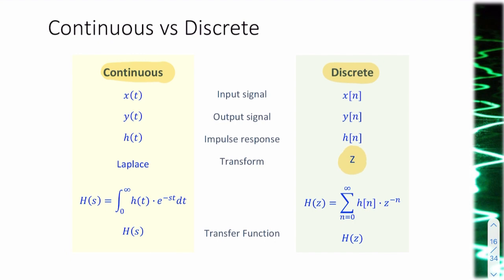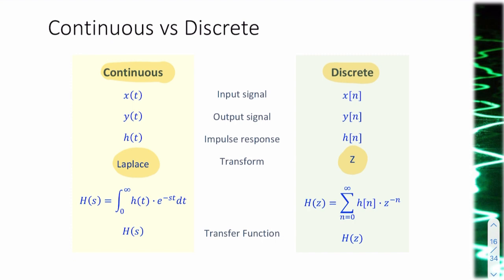So the zTransform and the Laplace transform, if you like, are both transforms that take a time domain signal, whether it's continuous or discrete, and represent it in a new domain.